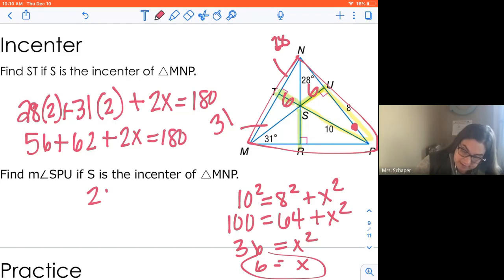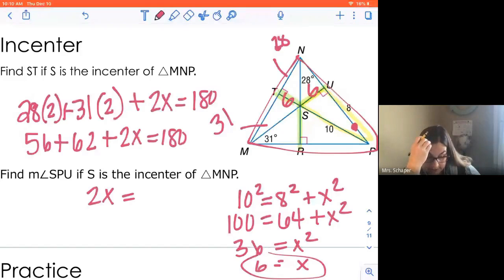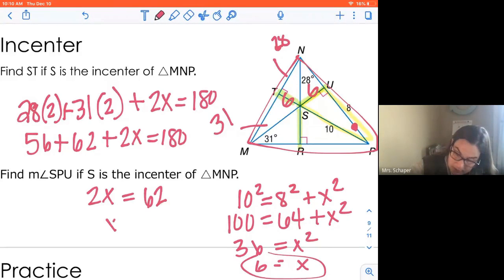So 2x is equal to 180 minus 56 minus 62. So that's 118, and 180 minus 118 is going to be 62. So x is going to be equal to 31 degrees.